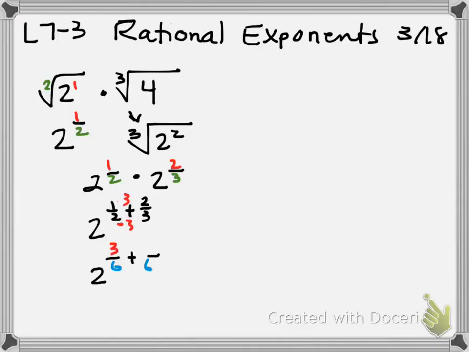And on the other one, I needed to multiply top and bottom by 2, giving me a new numerator of 4. Okay? And then I can do the math. And I get 2 to the 7/6 power.